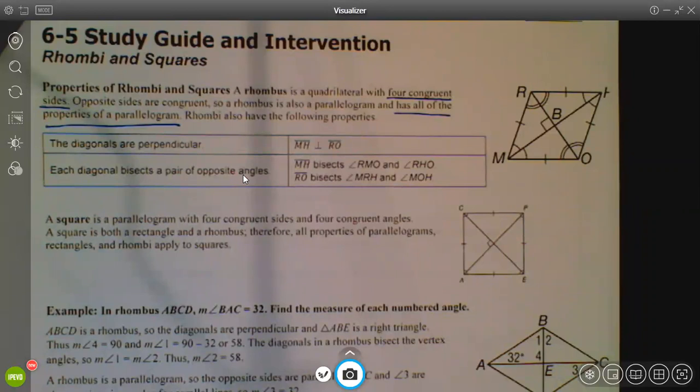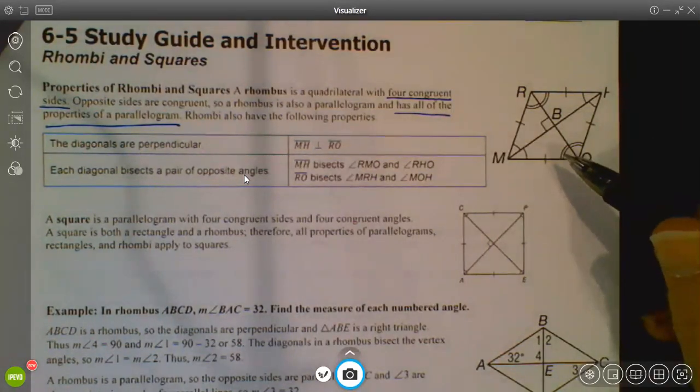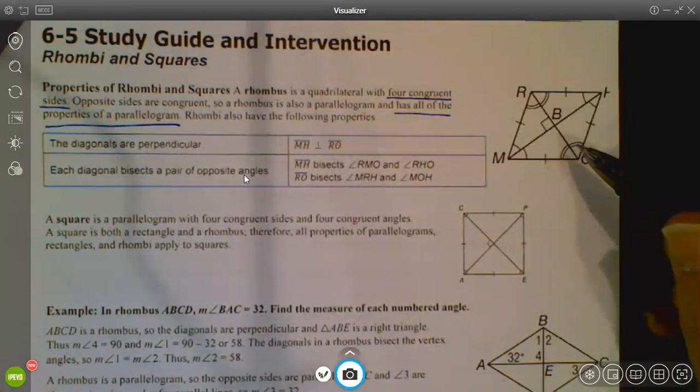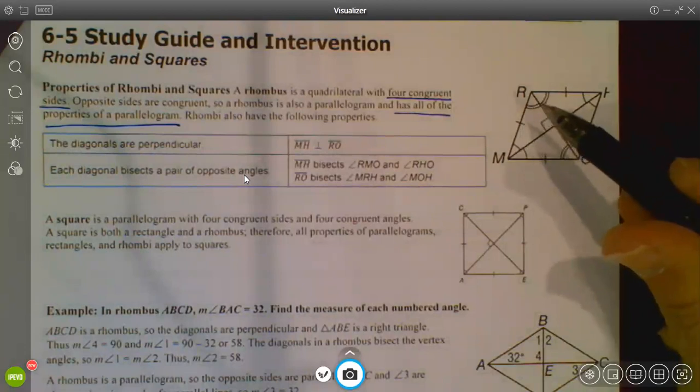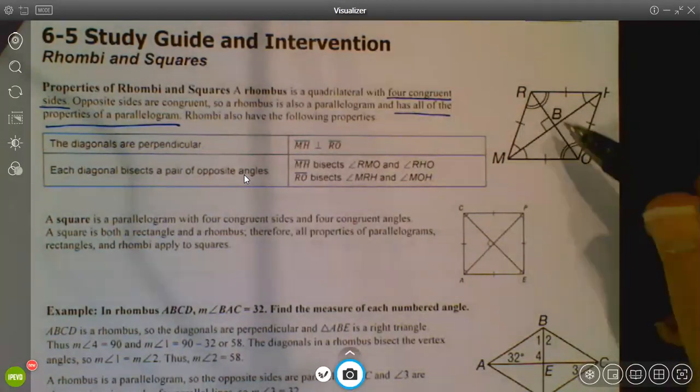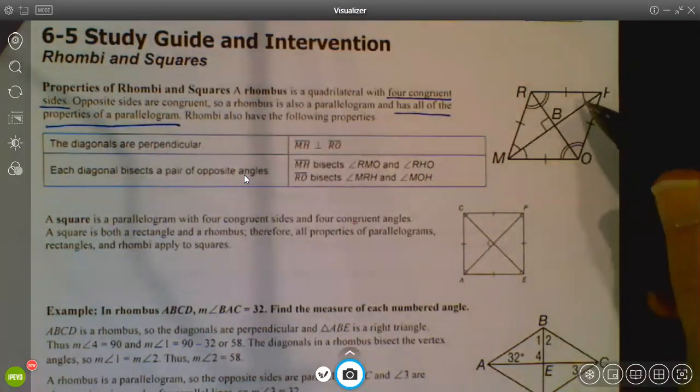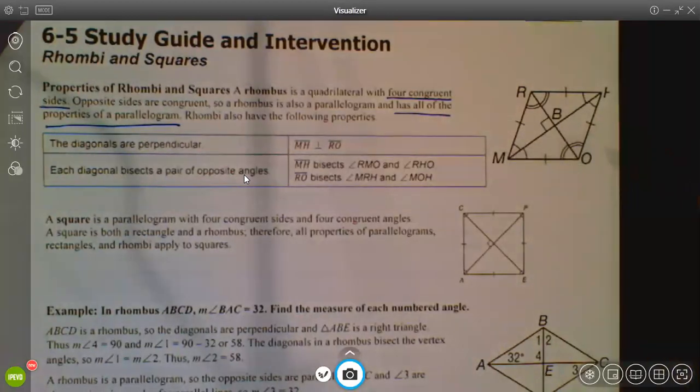So I'll just point out these guys. Not only is this whole angle congruent to this whole angle, but each of those are also cut in half, which means this is congruent to this, and it's congruent to this, and it's congruent to this. So you actually have four little equal angles right there. And then the same would be true about this, that pair with that pair, right? So diagonals bisect angles. Those angles are cut in half.